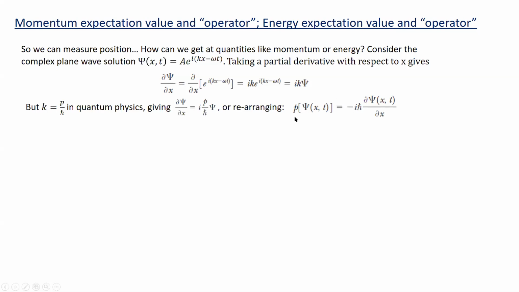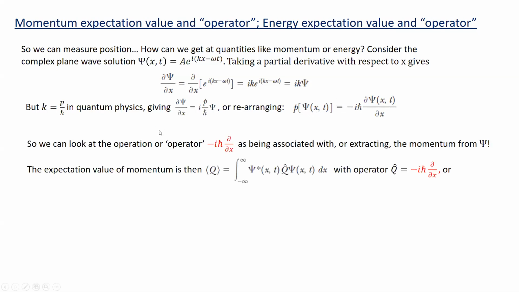Okay? So it looks like this operation of taking minus i times h bar and the derivative with respect to x sort of extracts the momentum p out of the wave function. It gives us the wave function times the momentum p of it back again.